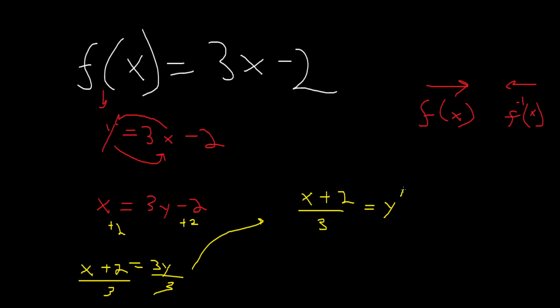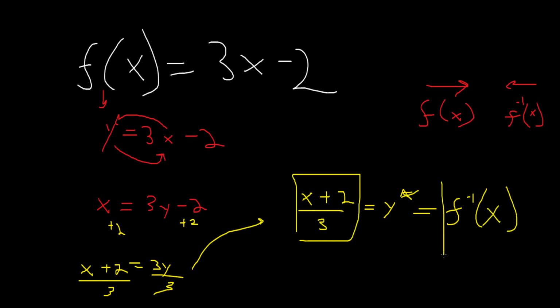In this case, this y is actually our inverse function, which means our answer right here is our inverse function. Those two are the same thing. This is a pretty straightforward example of inverting a function, just a little bit of multiplying and subtracting.